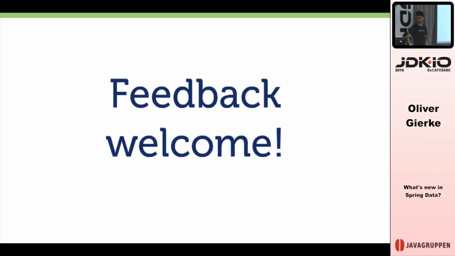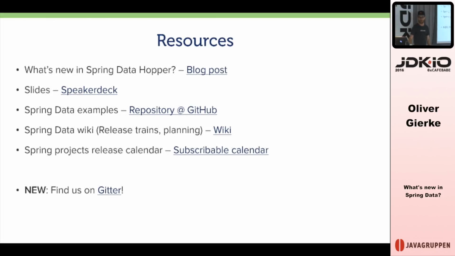All right, so it's a good time for feedback. There's a bug tracker, there's a wiki. We have a Gitter channel open for quite a while already. The slides are already up on SpeakerDeck. I gave this talk last week in Oslo already. If you want to go there, there's a blog post that I wrote up. It's basically a summary, also showing some other examples, but roughly what I've just talked about.